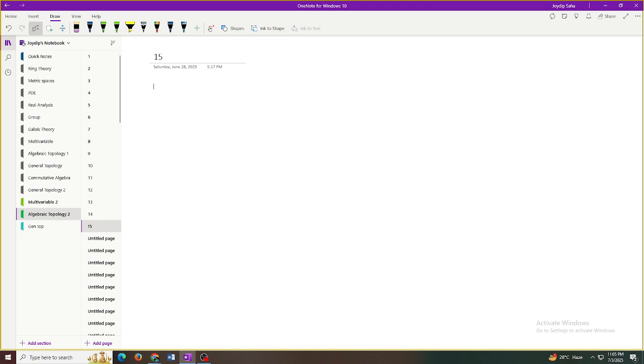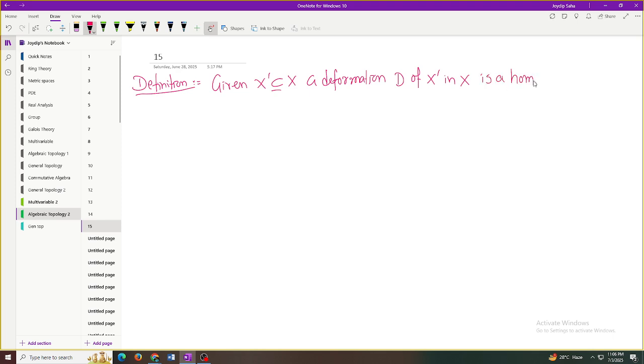Definition. Given X prime subset of X, a deformation D of X prime in X is a homotopy D, X prime cross I to X such that D(x prime, 0) is x prime, that means identity.